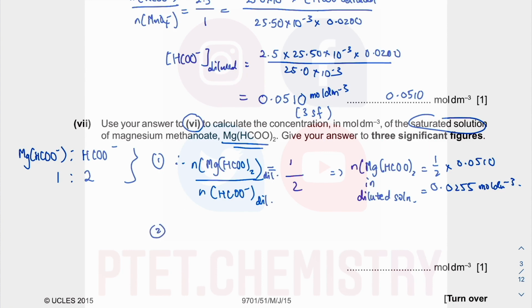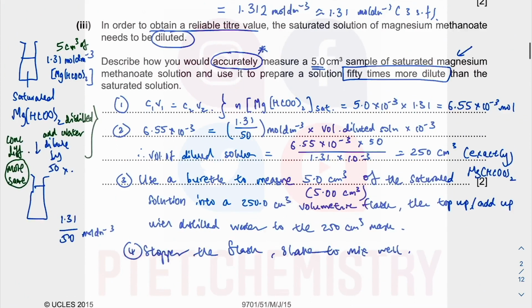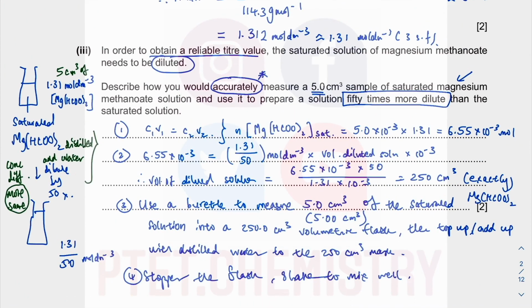Be very careful. Just now we drew our diagram because we wanted to see exactly what's going on. We dilute by 50 times. I have worked out the mole of the magnesium methanoate in this diluted solution. So the actual concentration of the saturated solution is 50 times more concentrated, because this is diluted by 50 times. So going this way, it's 50 times more concentrated.